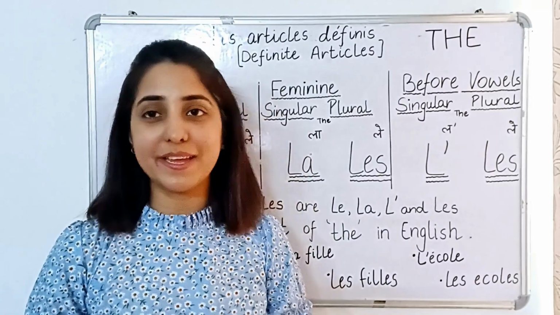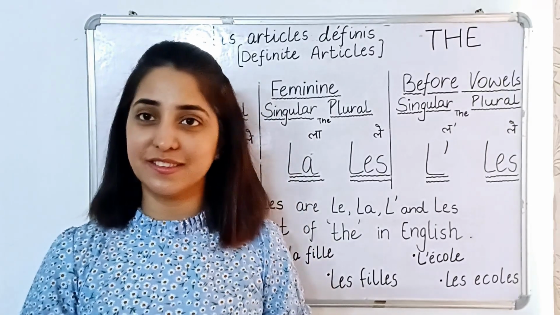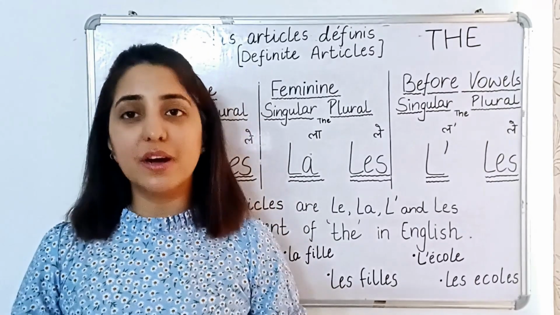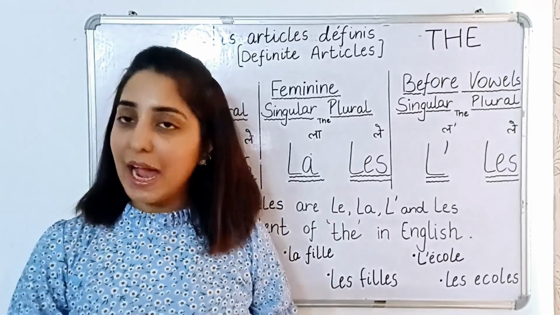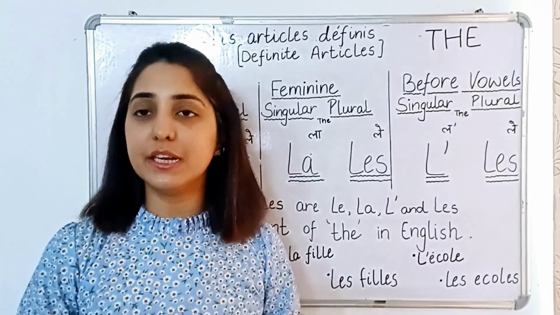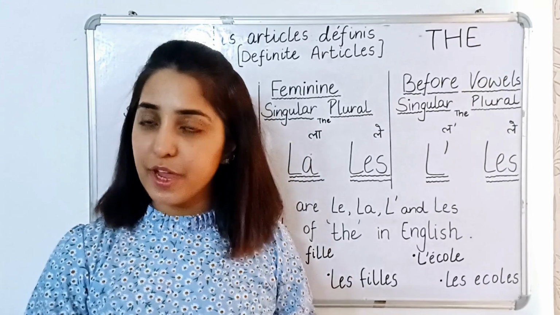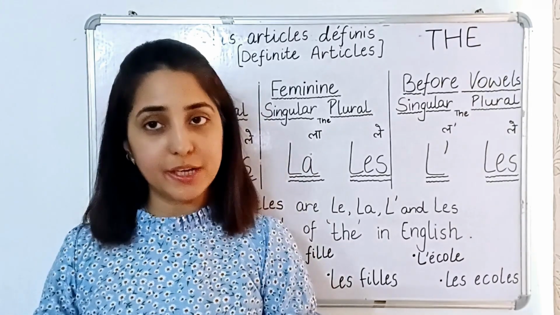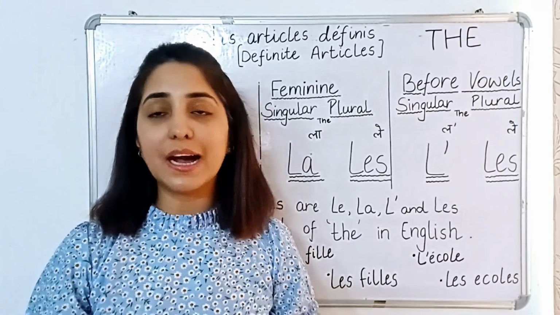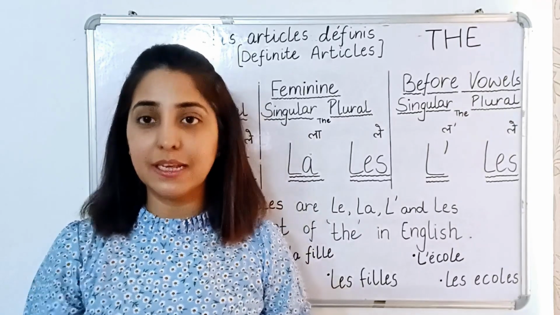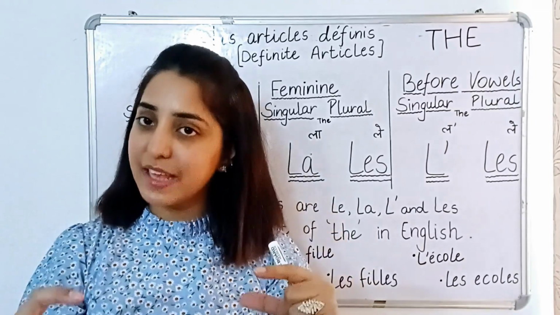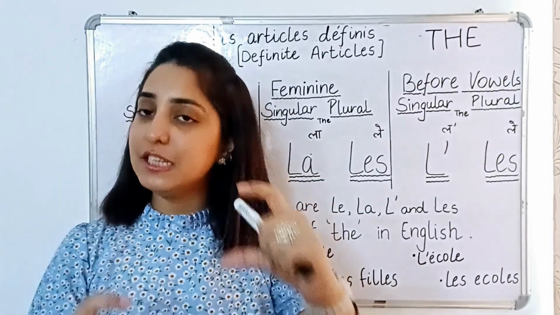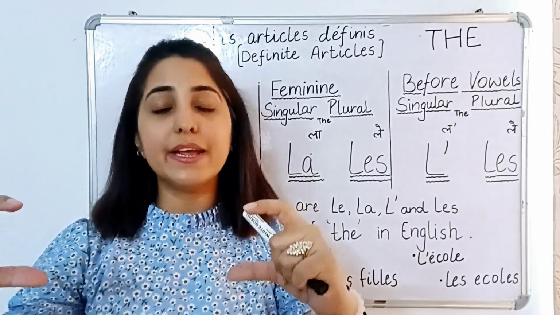So today's topic is definite articles. Today we are going to learn about definite articles in French. As we all know, we have articles in English, and the same way we have articles in French also. Articles are divided into two categories, definite articles and indefinite articles, and these two categories are also there in French.